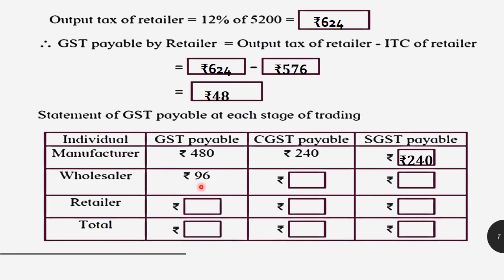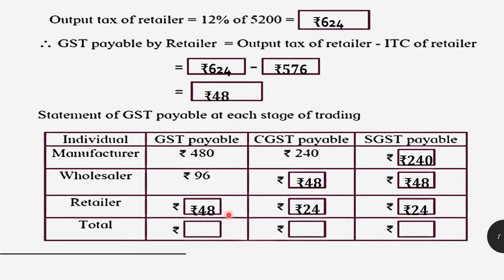Next, for the wholesaler, GST payable is 96, so half of it, which is 48, goes to central GST, and another half goes to the state GST, which is again rupees 48. Next, for retailer, the GST payable was 48, so the 48 will be divided into 2, and 24 will be state GST and 24 will be central GST.